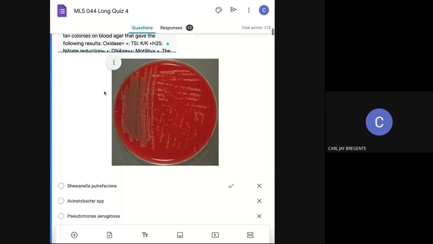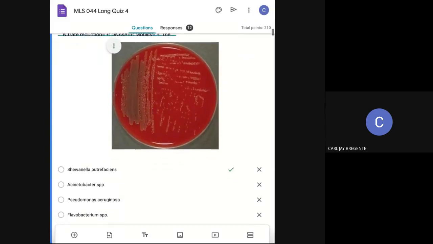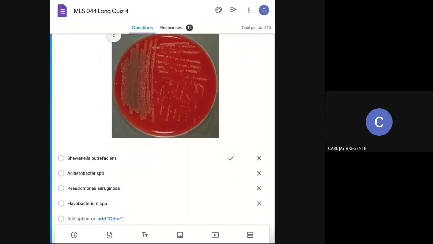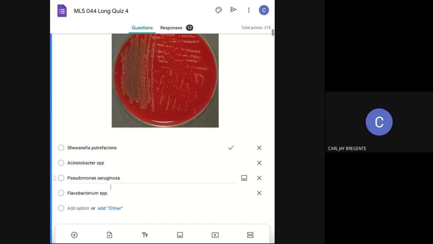So, your Acinetobacter, Pseudomonas, and Flavobacterium do not produce pigments. Of course, dili nimo siya maklaro ang pigment sa blood agar plates. As for Pseudomonas pigments, of course, mga yellow, green to bluish green.